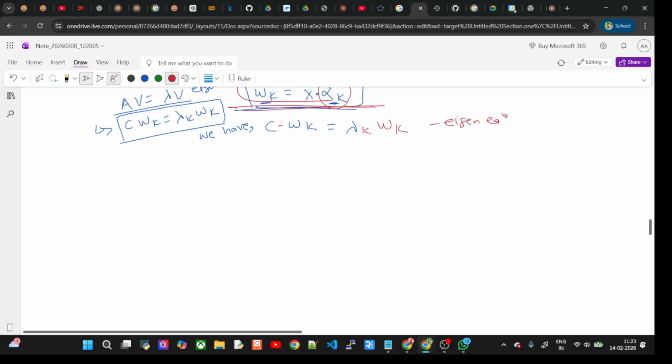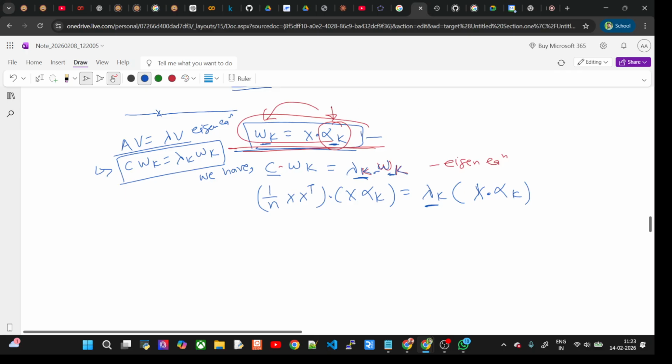I replace C by 1 over n x into x transpose, and wk is what? wk is x into alpha k. This alpha k is here as it is, and wk is once again equal to x into alpha k. I just put the same equation, this wk as it is, here.